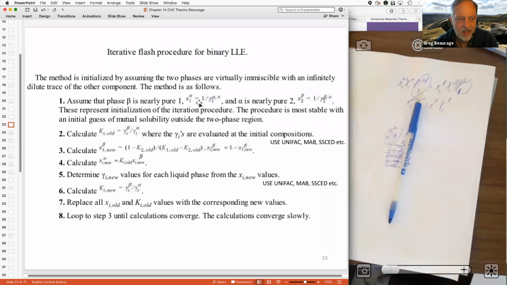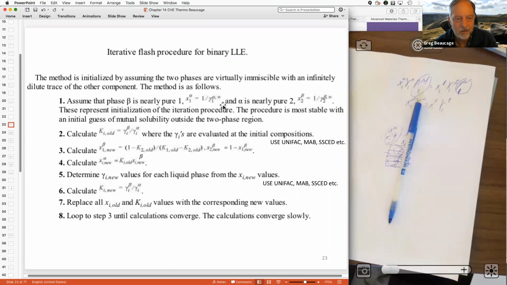Then once you have the x's, and the gammas you're going to get from your program, whatever, UNIFAC, MAB, SSCD, you can calculate the kappa from the gammas that you get from the program using the initial composition.